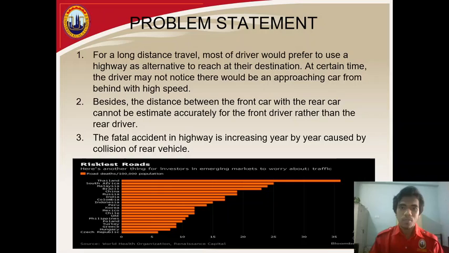Next, the problem statement for this project. For a long distance travel, most drivers prefer to use a highway as an alternative to reach their destination. At a certain time, the driver may not notice there is a car from behind approaching with high speed. Besides, the distance between the front car and the rear car cannot be estimated accurately by the front driver because of his position in front; he doesn't have eyes at the back.